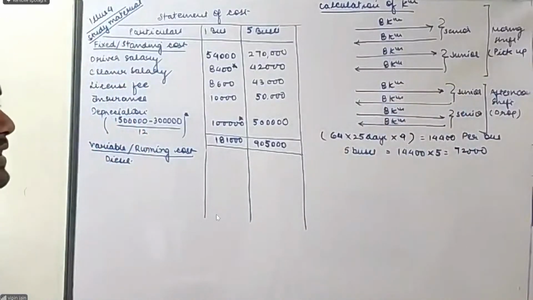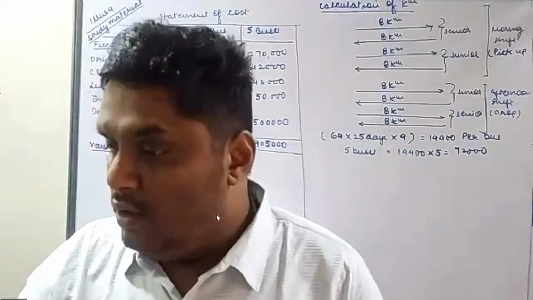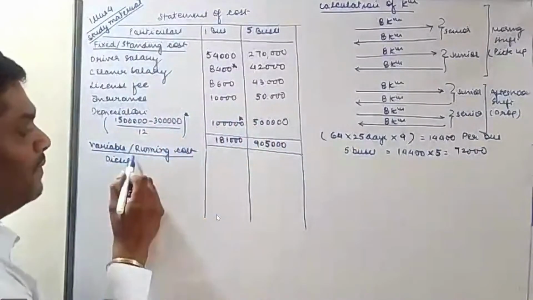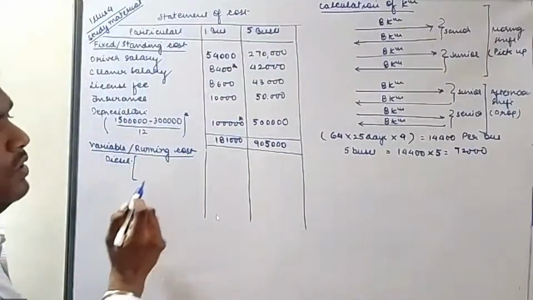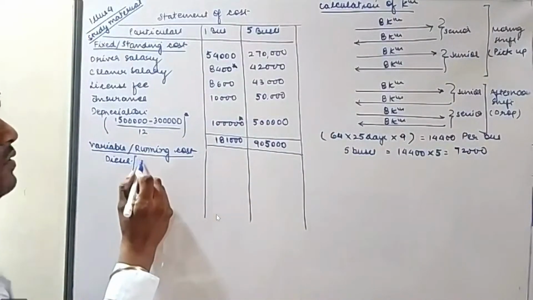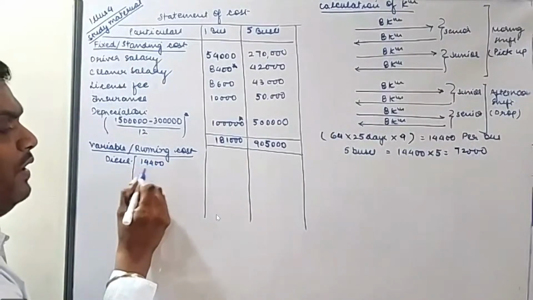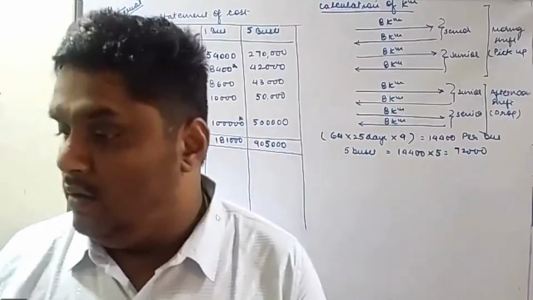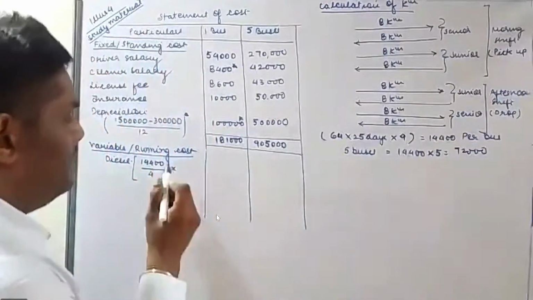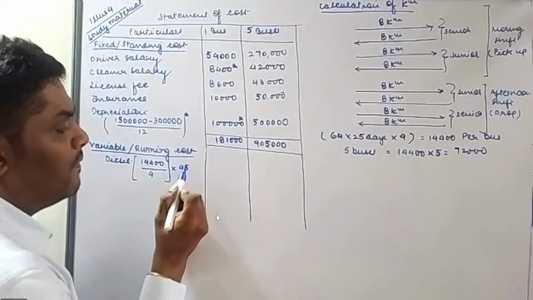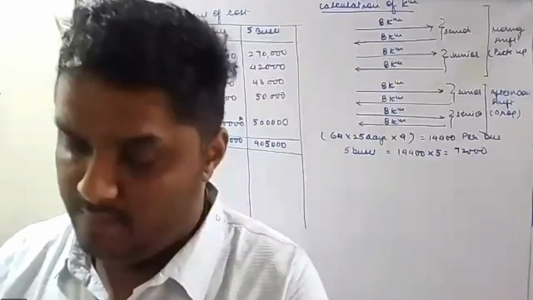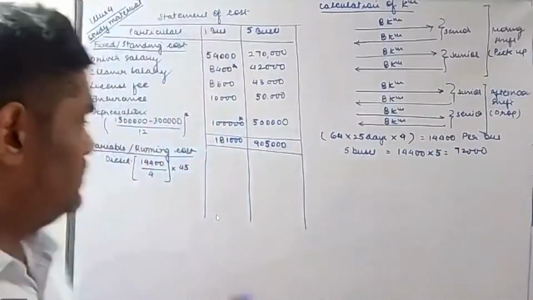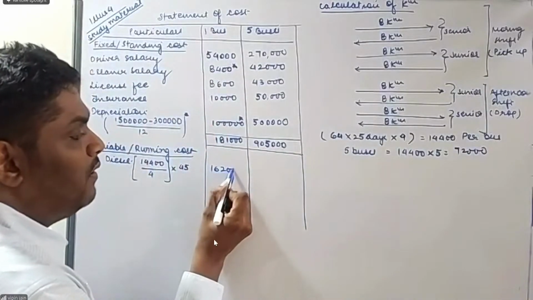Now let's calculate the diesel cost. So the bus gives a mileage of 4 kilometers per liter of diesel. So let's calculate it for per bus. 14,400 divided by 4 into the cost of diesel is 45. So this will be 1,62,000.